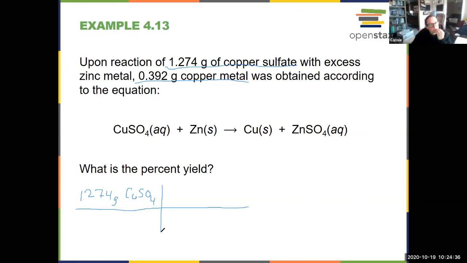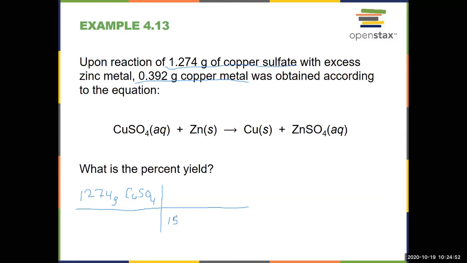The molar mass, because you want to go to moles. So the molar mass of copper sulfate is 159.62 grams.